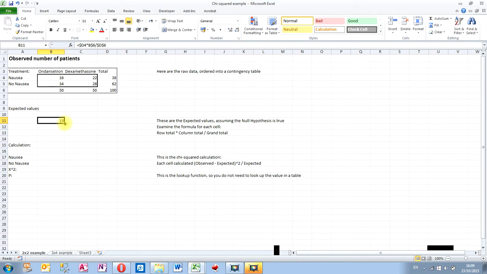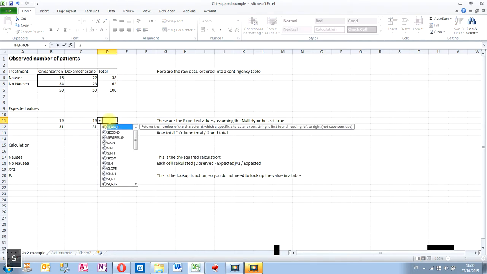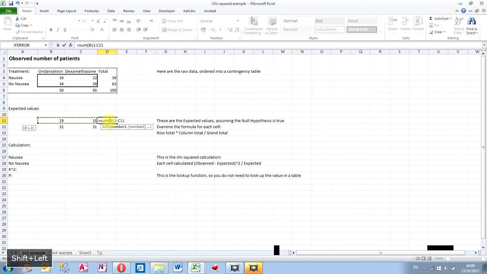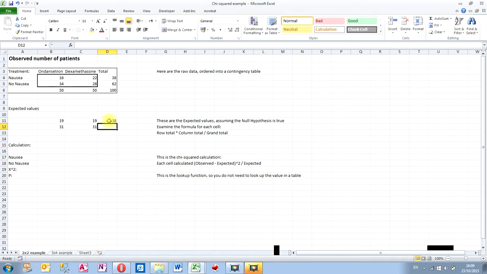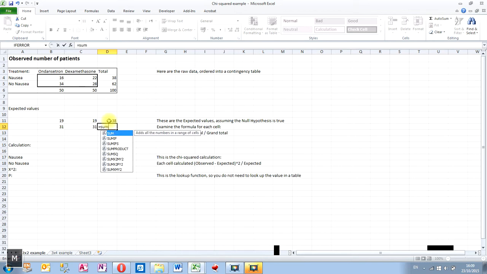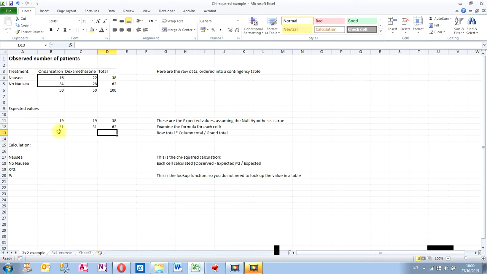Now all I do is drag this across. I copy it across one, I copy it down one as well, and these are the expected values. Now what we observe is, if I then type in the formula here to get the sum, it should stay the same.